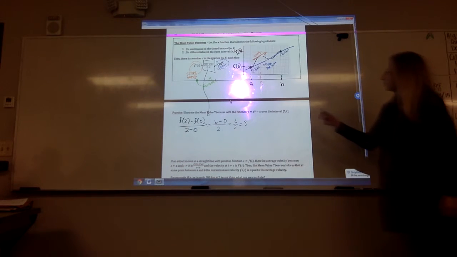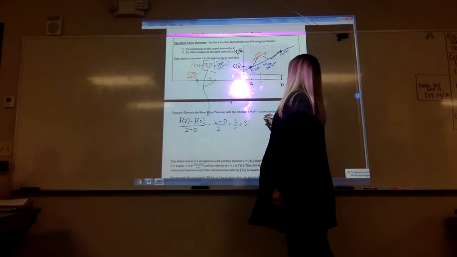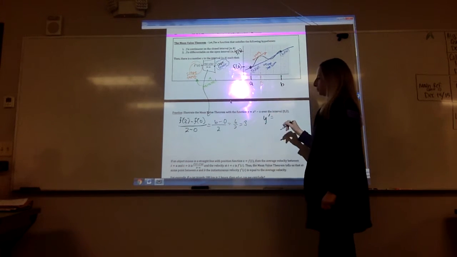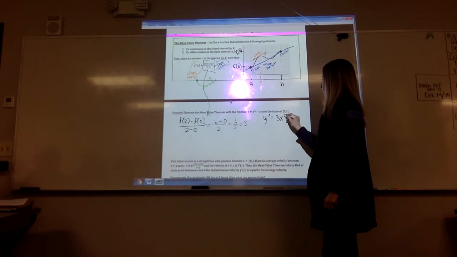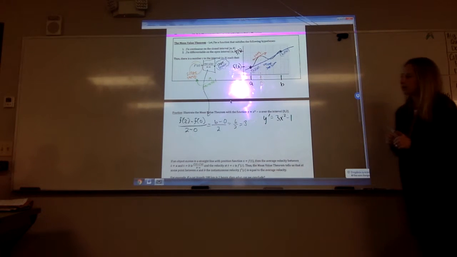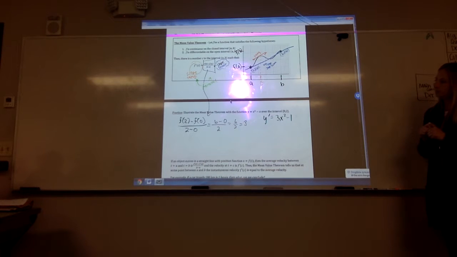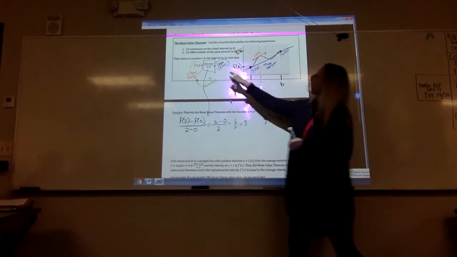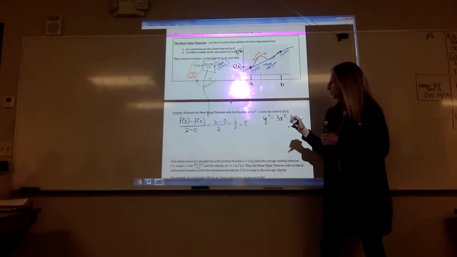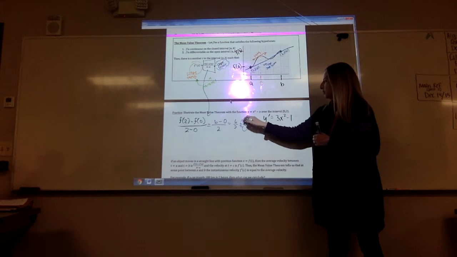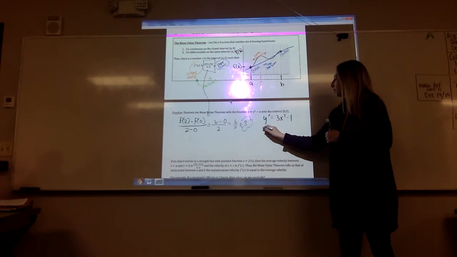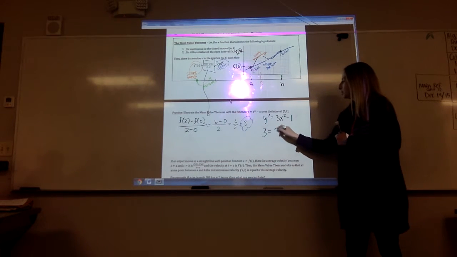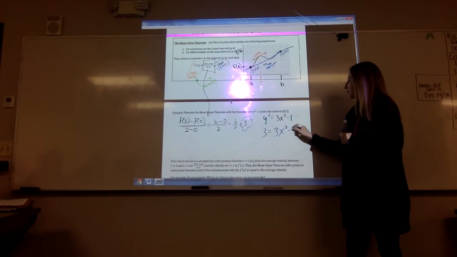Find the derivative. So here's y, let's find y prime: 3x squared minus 1. Now what do we do with that? We'll put c as x and then set it equal to 3. We said that the slope of the secant and the slope of the tangent have to be equal to each other. So we found the slope of the secant. Now we just say that has to be equal to the slope of the tangent at this point.